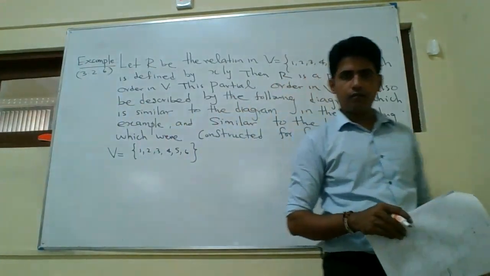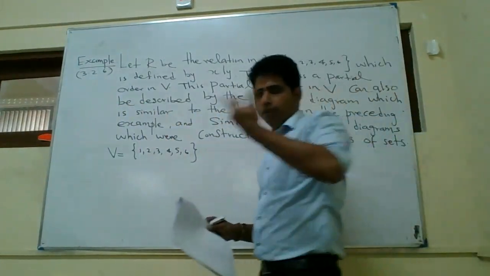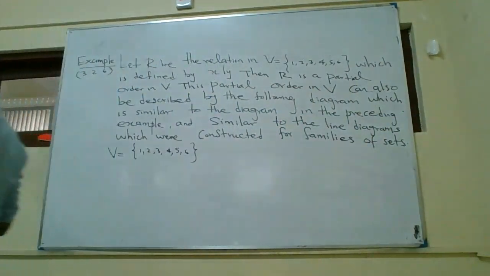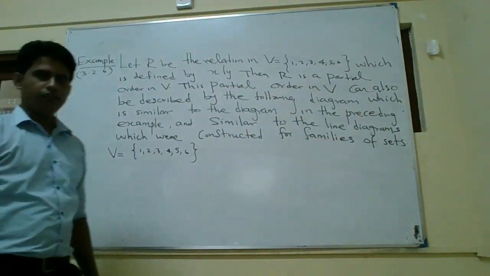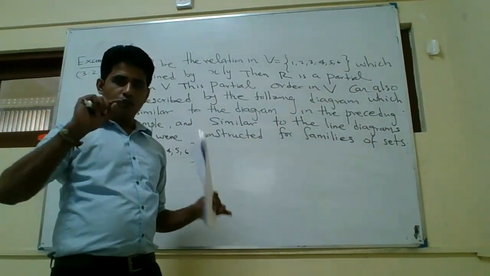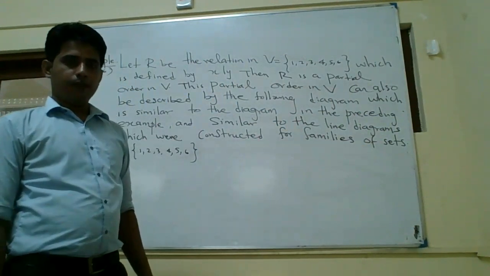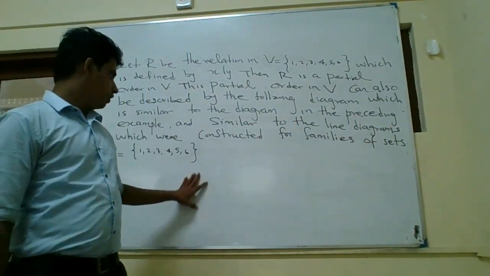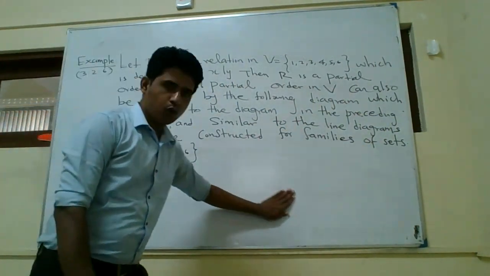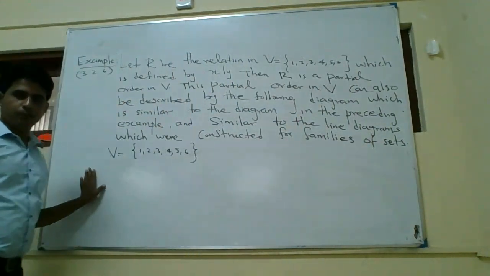How can you draw the diagram? The diagram, you can easily verify that. That part is a very easy part, right? This diagram here, I want to draw, then I can explain very well.